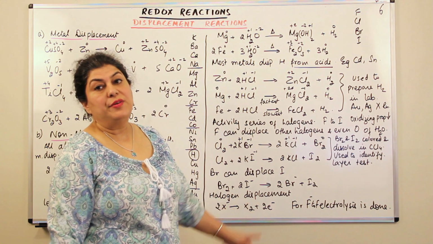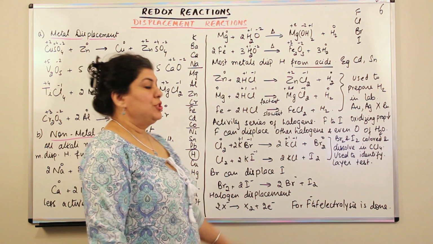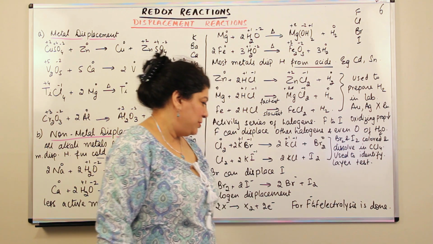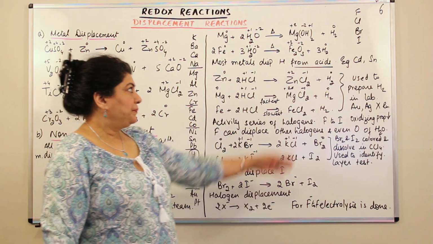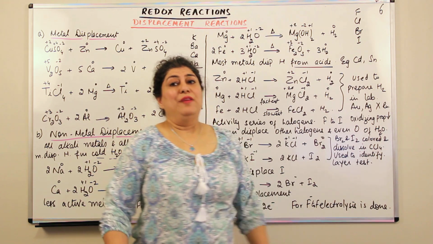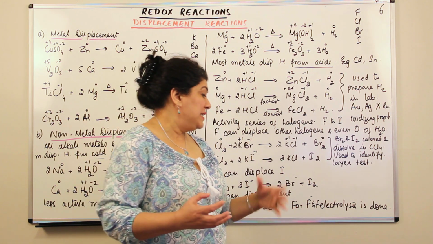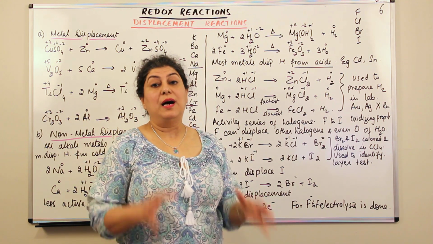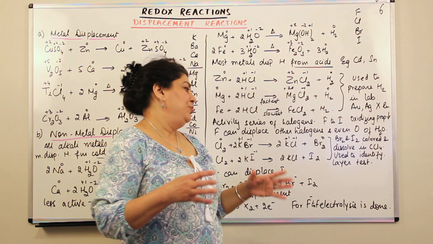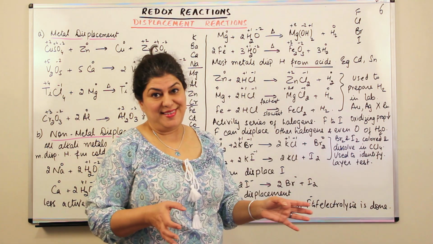So it gets reduced, and it is this reduction which is taking place in halogen displacement. And as I told you, in the case of fluorine, it is not possible to displace it unless you do it through electrolysis.